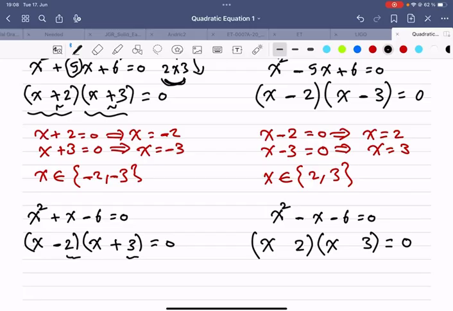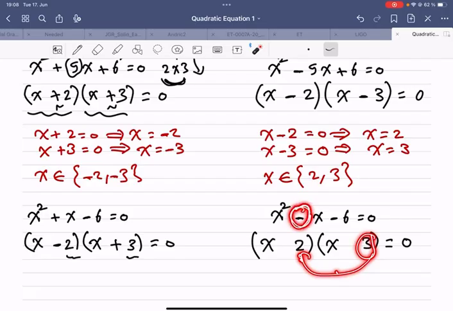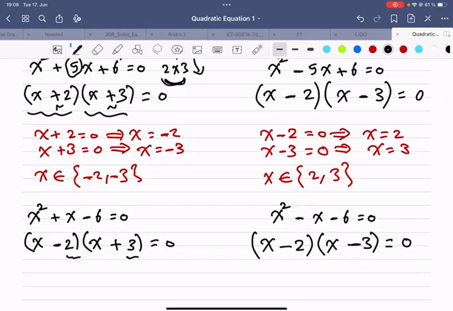As always, here negative 6, like here, meaning that one is positive and one is negative. This depends on the sign of the middle term. This middle term has a negative sign, so the biggest one will be negative and the smallest one will be positive.